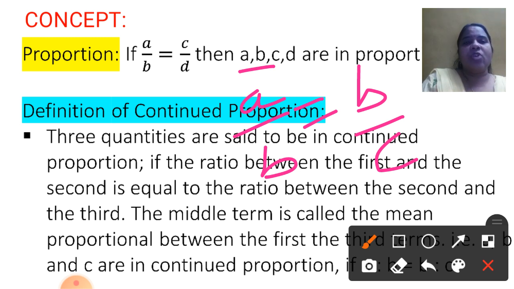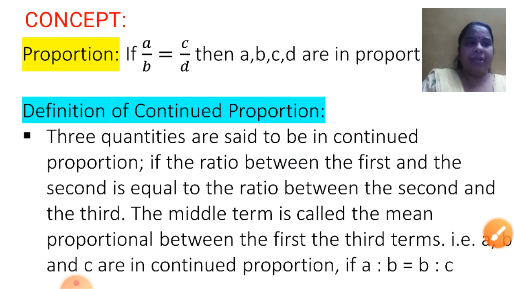The middle term, B, is called the mean proportional or geometric mean between the terms A and C.